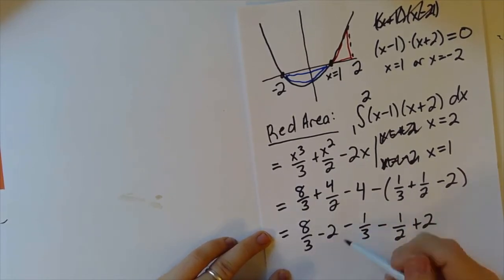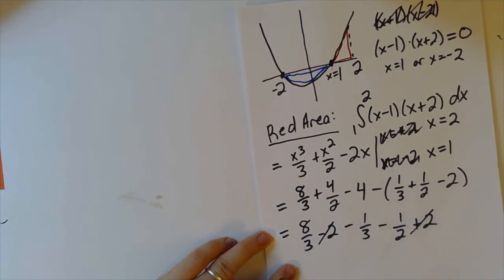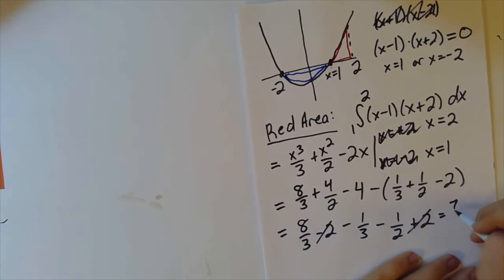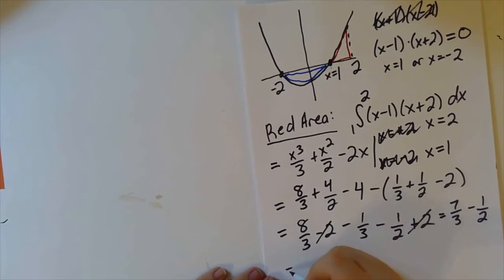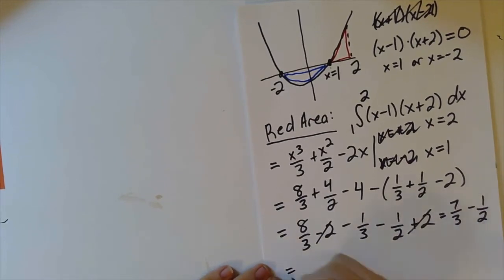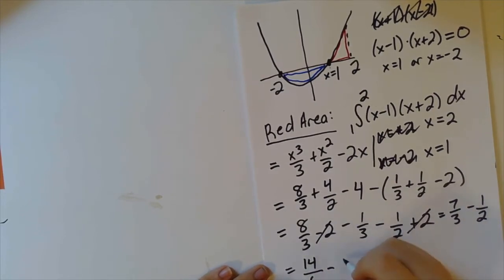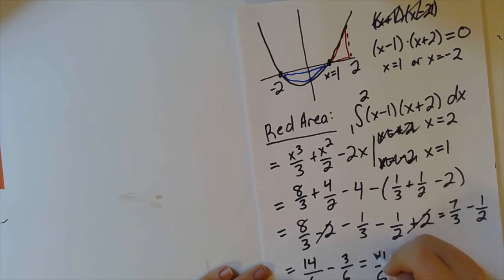Okay, so the plus 2 and the minus 2 cancel out. 8/3 minus 1/3, that's 7/3. So this is 7/3 minus 1/2. I put these things over the common denominator of 6. So this becomes 14 over 6 minus 3 over 6. And so this is 11/6.